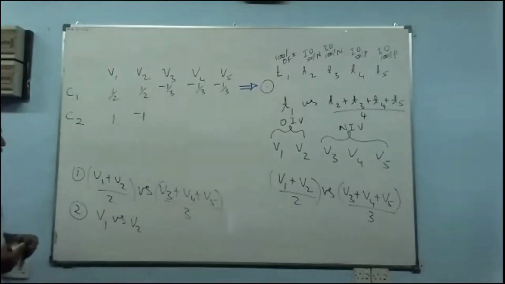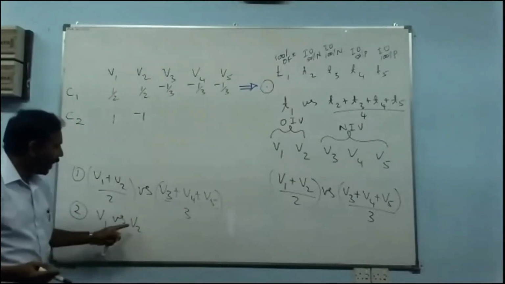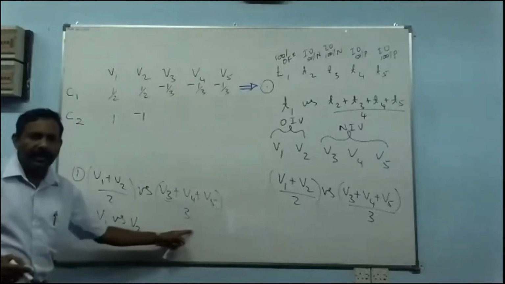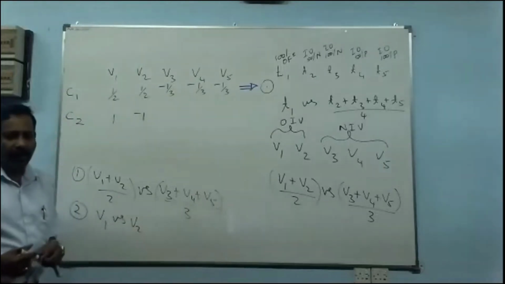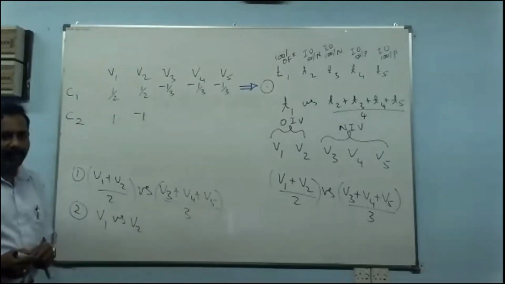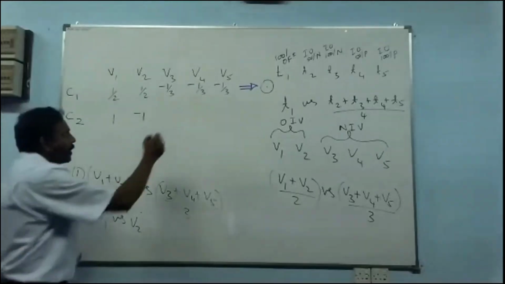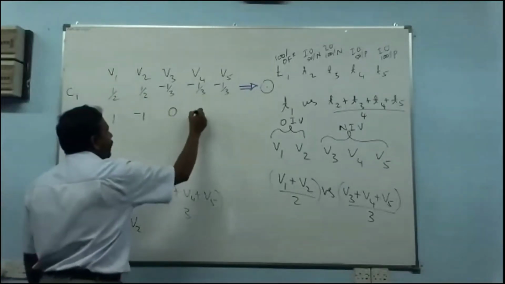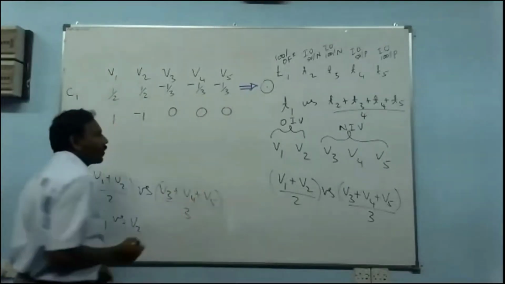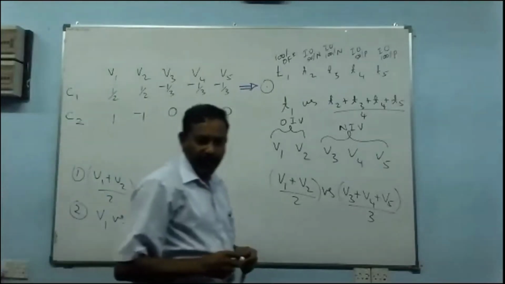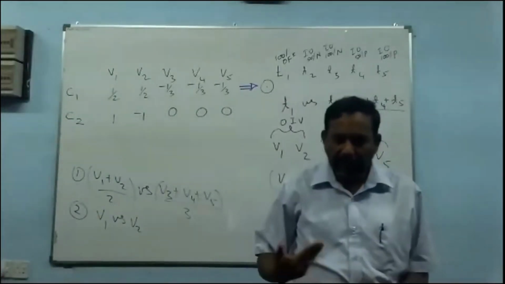What about V3, V4, V5? Are they coming into the picture in the second contrast? No, they are not, so their coefficient values are 0.